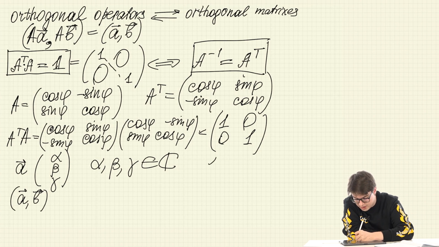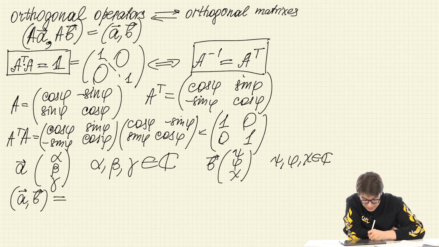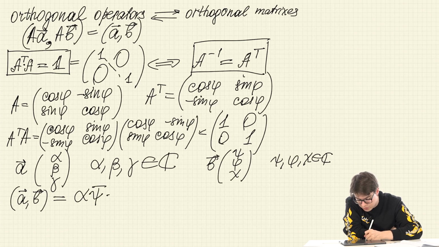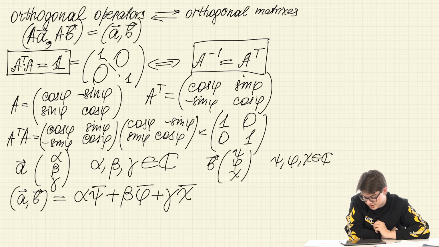So if we also introduce vector beta with again psi, phi, and he, which belong to complex numbers, now the scalar multiplication is described by the following expression: alpha psi conjugated plus beta phi conjugated plus gamma he conjugated.